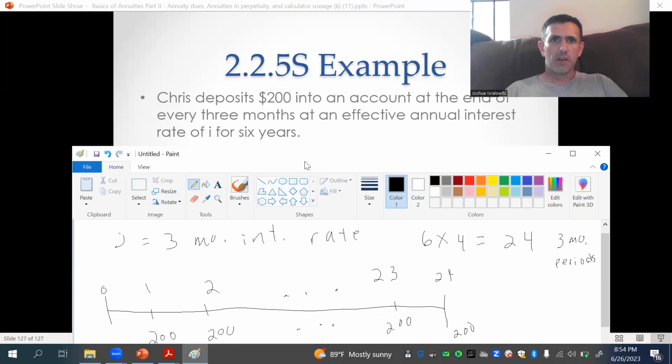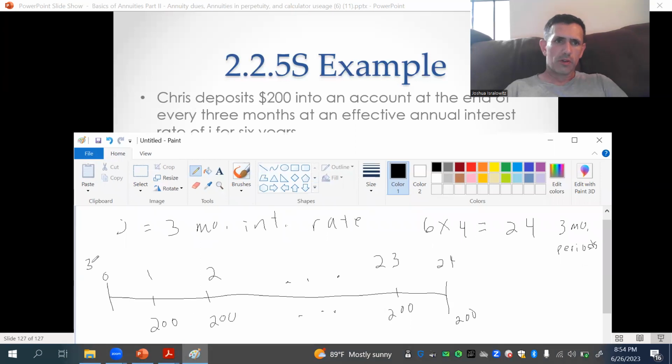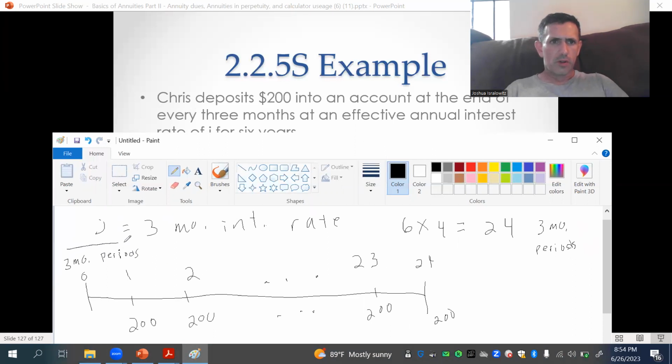Payments are at the end of every 3 months. Okay, so we have 24 3-month periods.